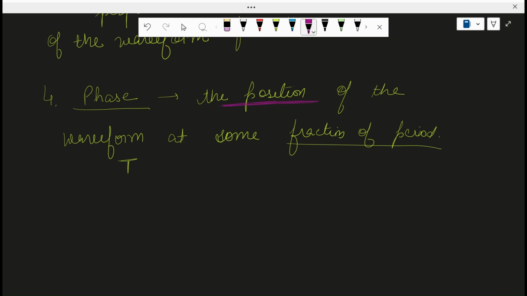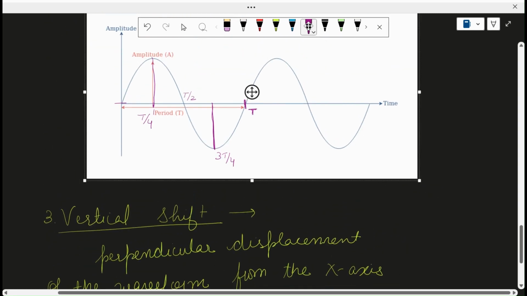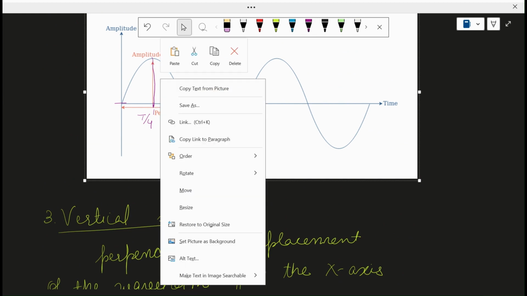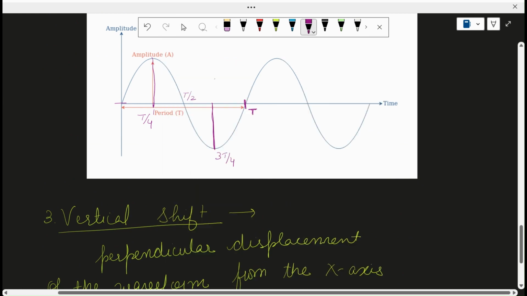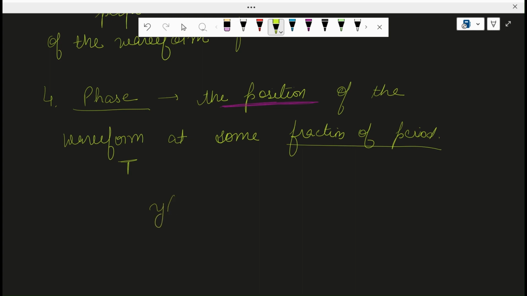Let me let you know, this is a very basic waveform, that is sinusoidal. So we will understand how a sinusoidal waveform is presented in terms of an equation. Let this be the waveform, and here we have A sin(ωt), the very basic sine wave.